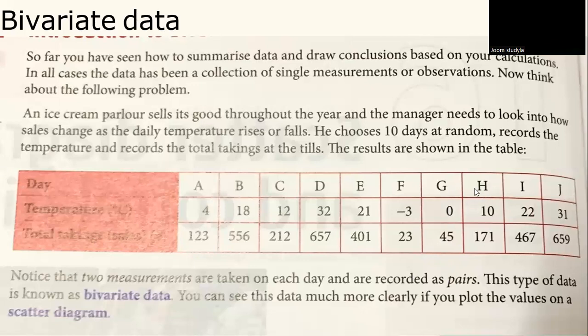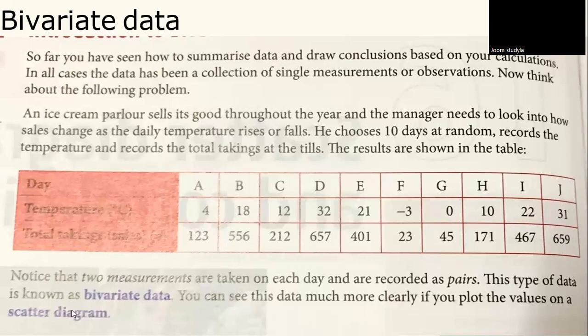On the eighth day, when the temperature becomes 10, the total sales is 171. On the ninth day, where the temperature is 22, the total sales is about 467. And on the tenth day, where the temperature goes up to 31, the total sales also increases to 659.